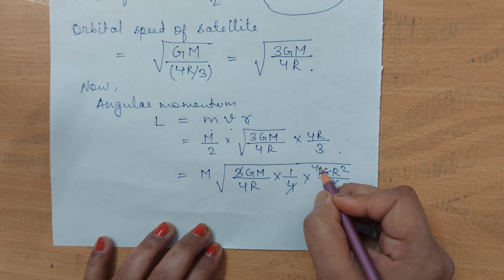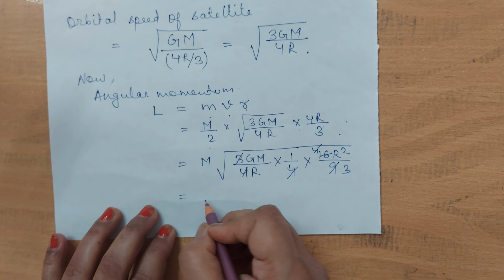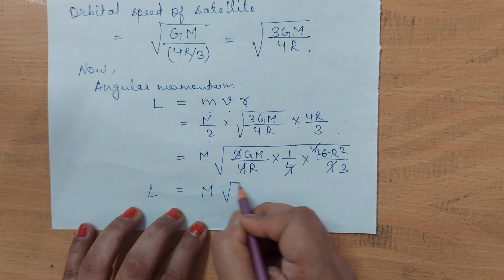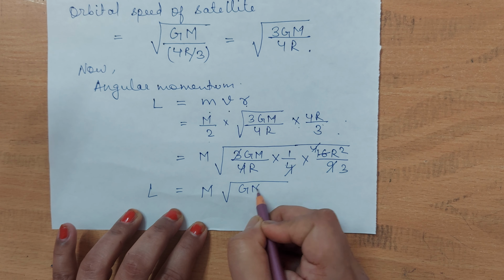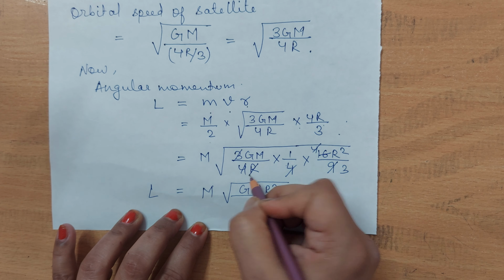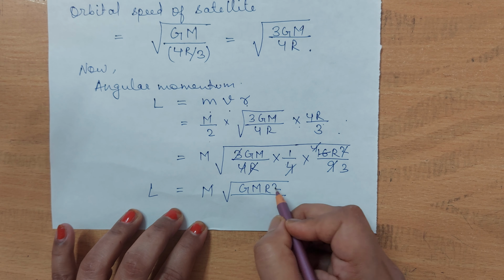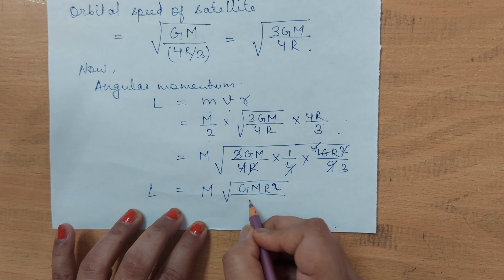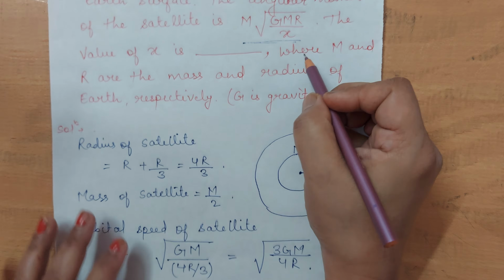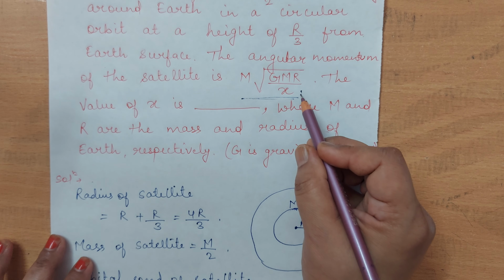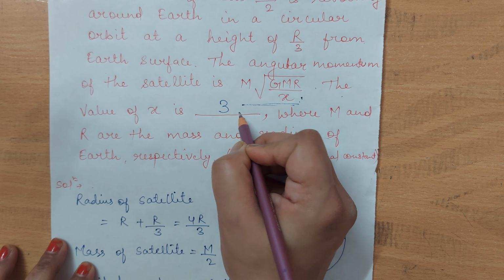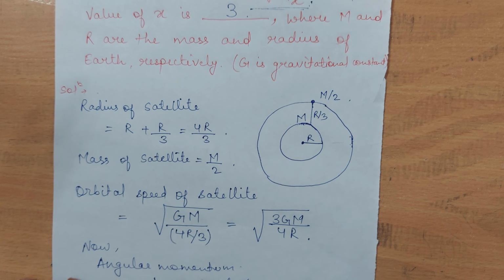So finally we have L equal to capital M root under GM r square by, this r will also get cut, GMR by 3. If we compare this with the given value of angular momentum, we can easily find out that the value of x is 3. So this is the answer.